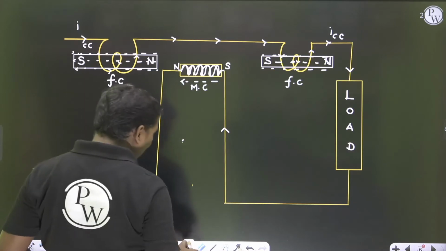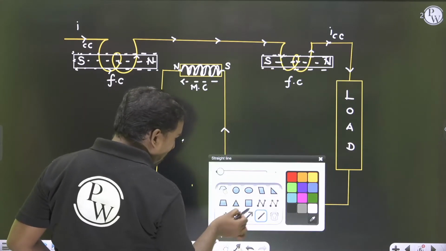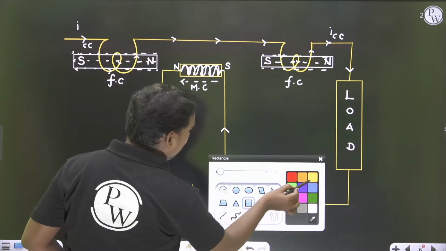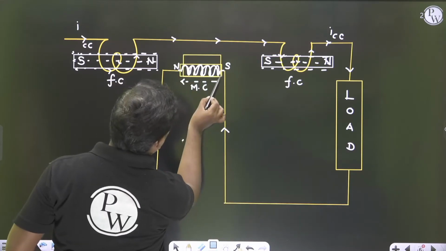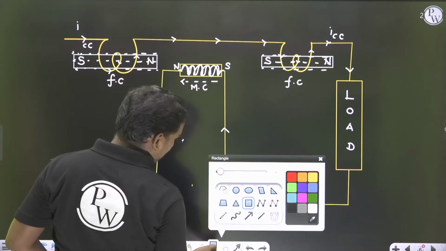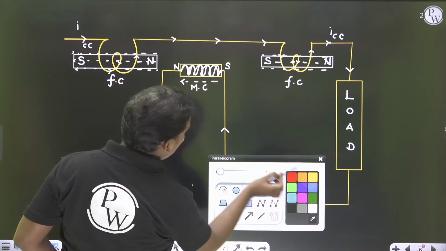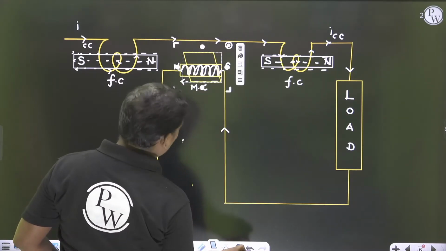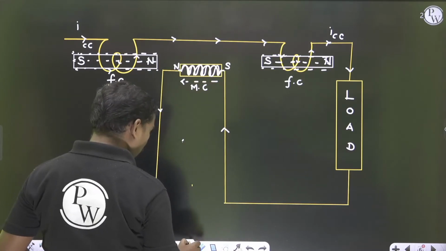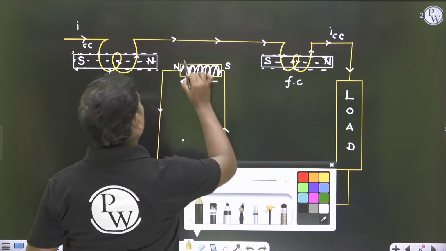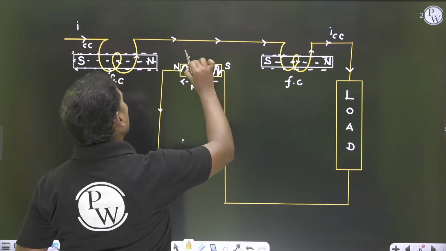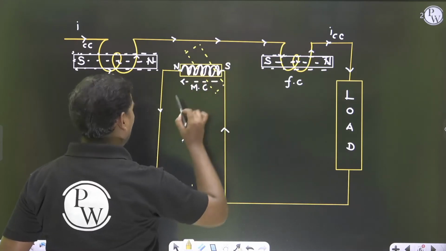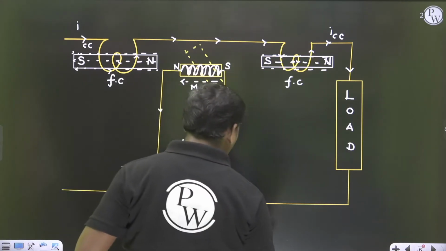Okay, so whenever it makes a deflection, what happens in this diagram? This particular moving coil deflects like this. So this particular moving coil may be deflecting like this. So whenever there is a deflection like this, now what I will do, I will attach a pointer for it.